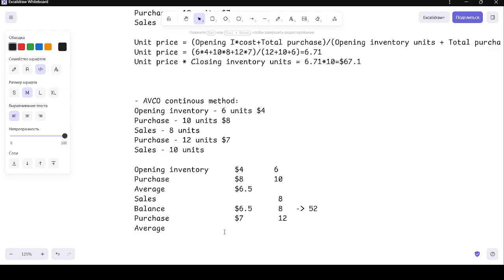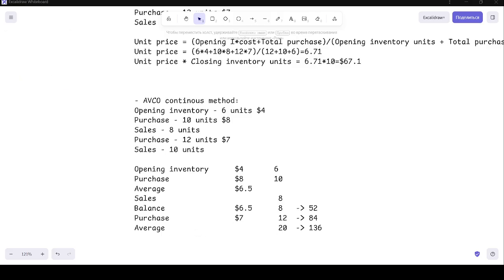Now we had the 20 units. This gives us 84. I am a perfectionist. I think that you understand it. 136 is divided by 20.